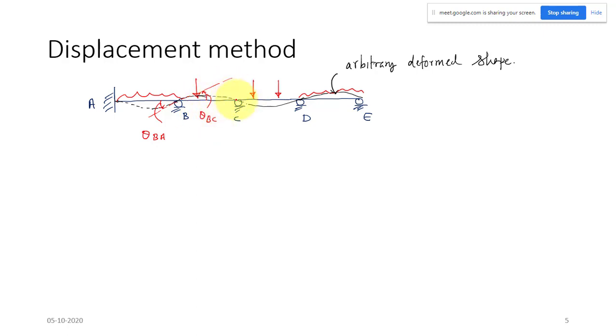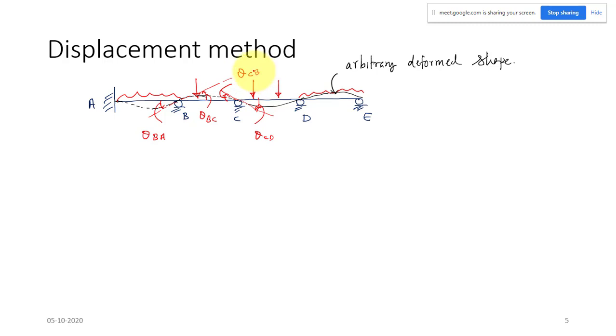And if you see the support C, again it is a roller support, we are going to have some rotation. This is theta CD, in span CD at support C. And this is the slope at support C in the span CB, so I am using the notation theta CB.